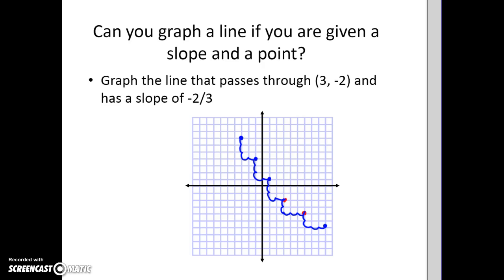Oh, I switched slopes. I didn't look. There we go. And I draw my line all the way through, all the way across the coordinate plane with arrows on either end. My y-intercept happens to be at 0.